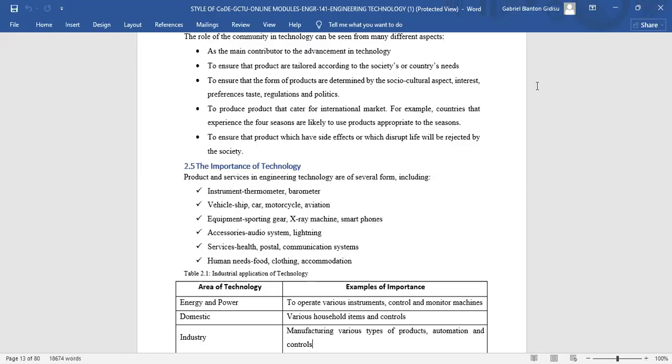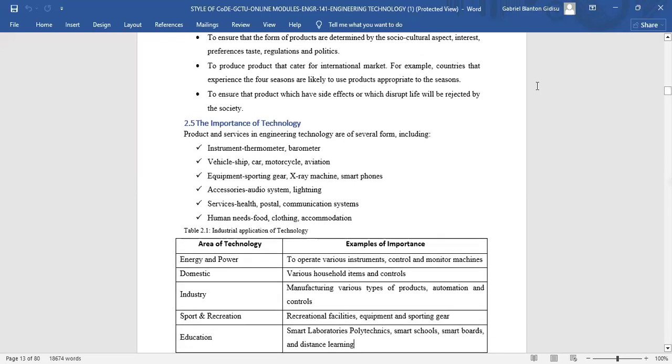So we state the area of technology and we state examples of its importance. Energy and power to operate various instruments, control and monitor machines. Then we have domestic and industry, sport and recreation and education.